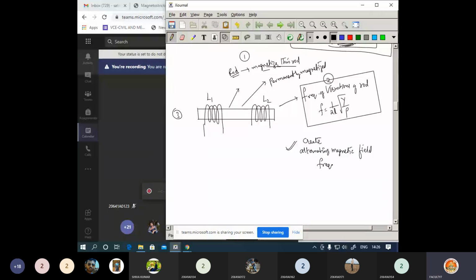The frequency of the magnetic field will change continuously with certain frequency. If you want to avoid the confusion, you can mark this as F1 and this one as F2. F1 means it is the vibrations of the rod. F2 means it is the alternating magnetic field.